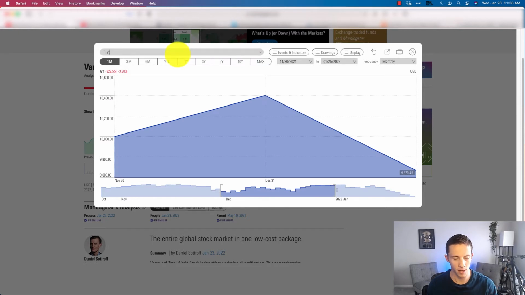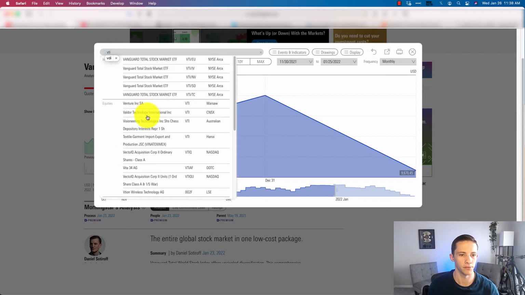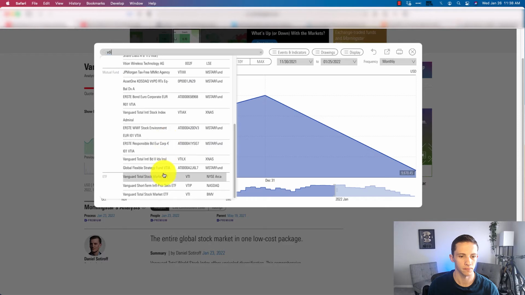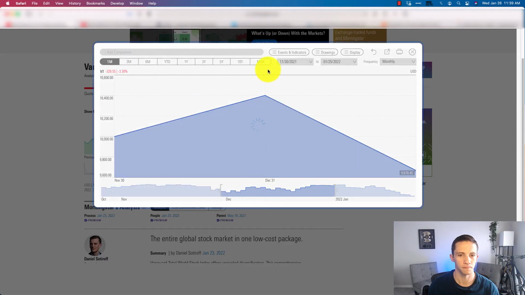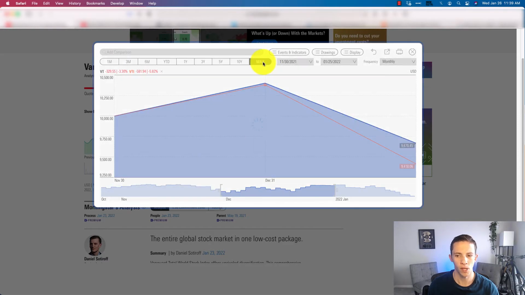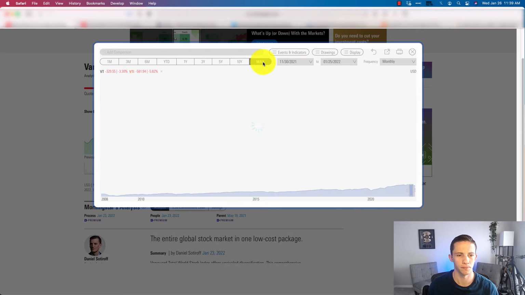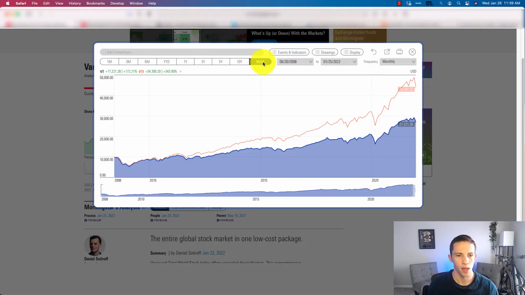We'll put VTI on there, so we have VTI and VT. We'll hit it for maximum. And there we go. We can see VTI, being the total US market, just rip-roaring above the global stock market.